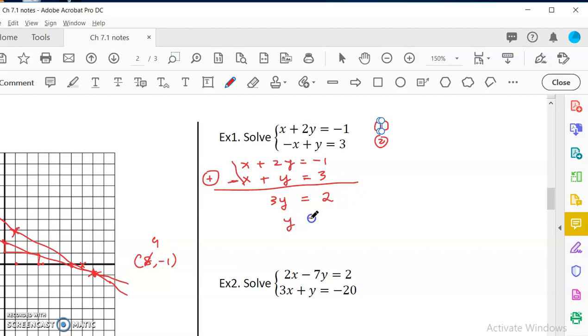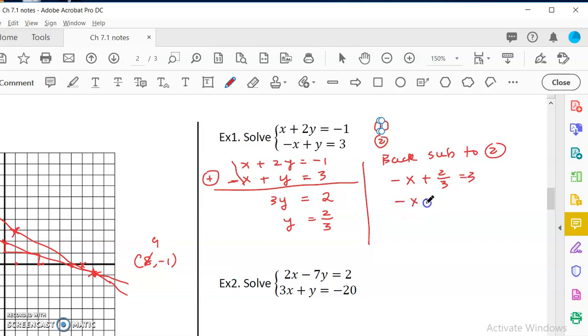So y would equal 2 divided by 3. But that's only y. Where is x? So we would use back substitution. You can use equation 1 or 2. Maybe equation 2 is easier because y and x are both here. So you say negative x plus 2 over 3 equals 3.